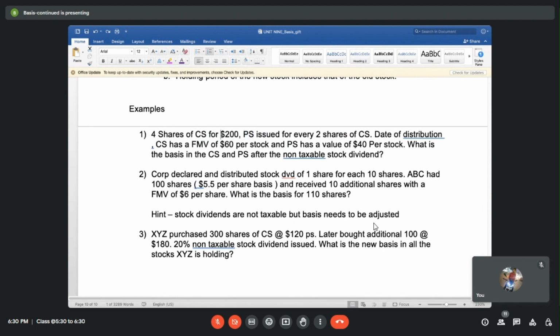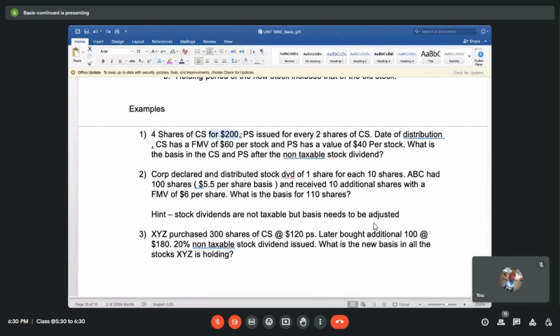We still need to go with the same basis, but now this basis needs to be distributed among common stock and preferred stock. But in what ratio? The basis is still going to be same. Earlier 4 shares had $200 basis. Now it is going to be 4 of common stock, 2 of preferred stock with still a basis of $200. It's just that we need to split up that basis so that we know what is now the basis for common stock and what is the basis for preferred.